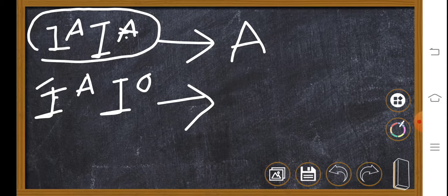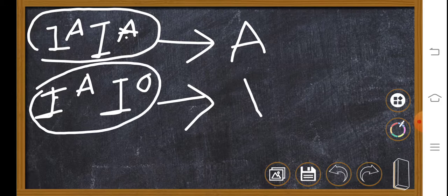If this is the condition in my body, what will be the blood group? It is also A, because although I naught is present, this one is recessive, and when dominant is present along with recessive, the dominant character appears. These are the rules you know already.